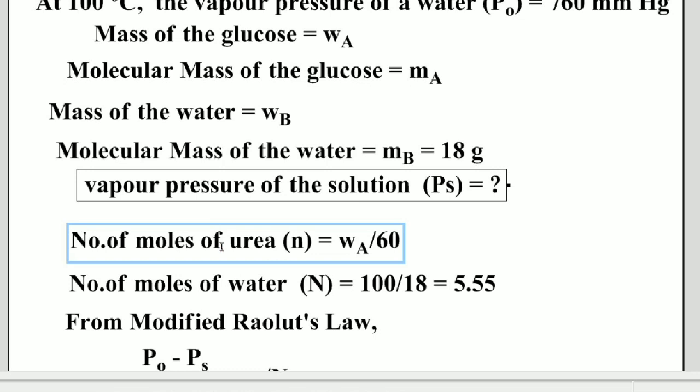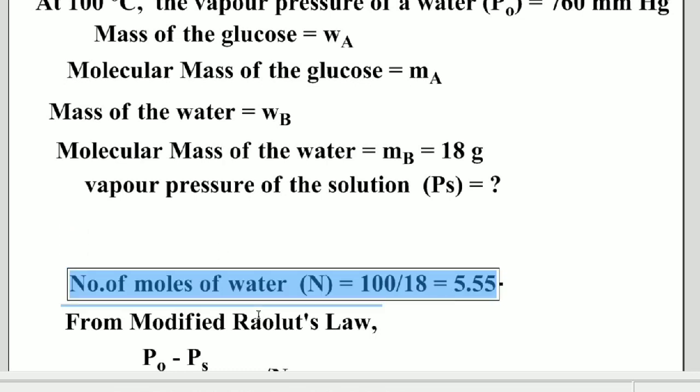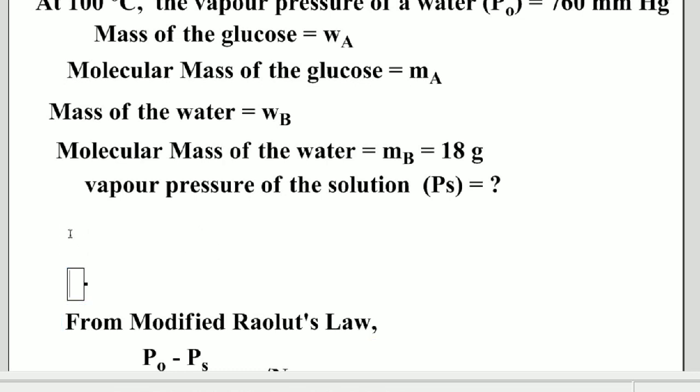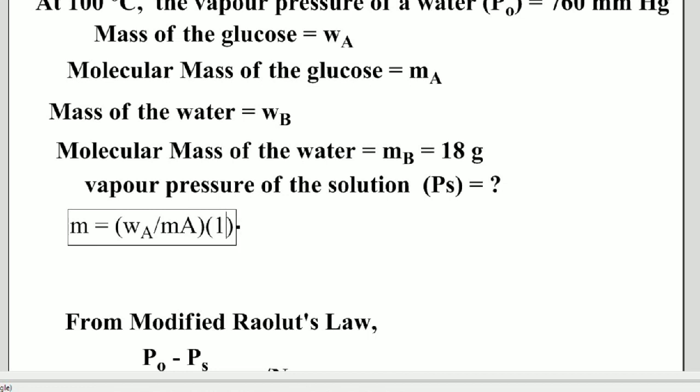Now students, we know the formula of molality. In our previous video modules, we know molality is equal to weight of the solute by molecular mass of the solute into 1000 by weight of the solvent, or mass of the solvent.